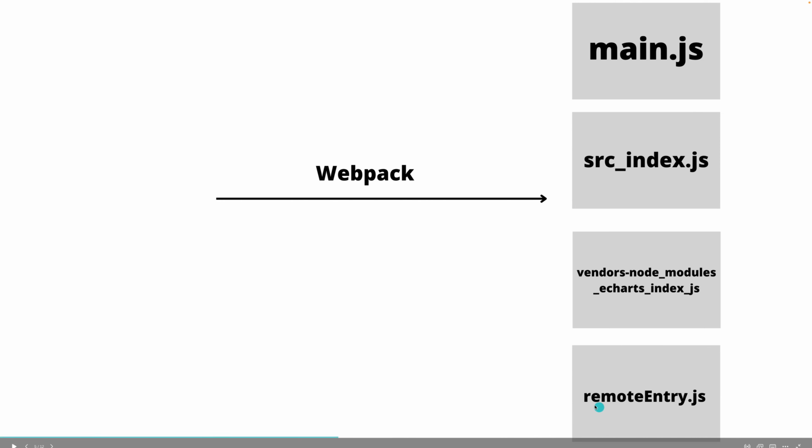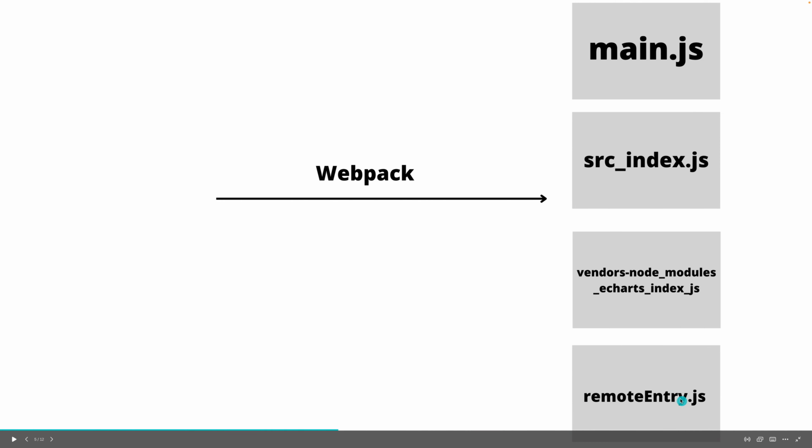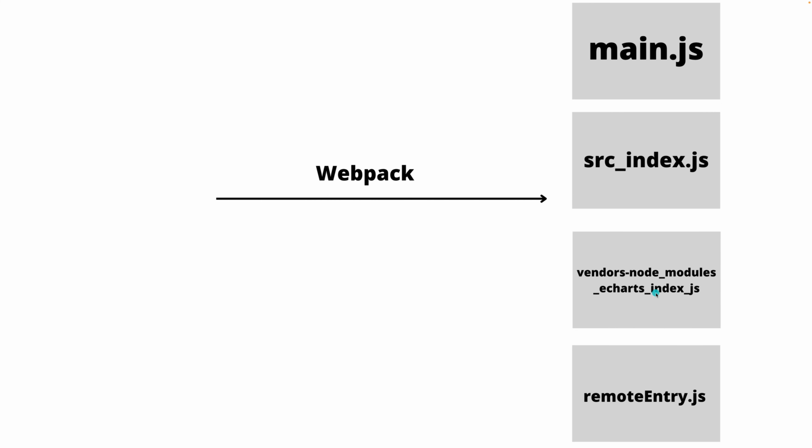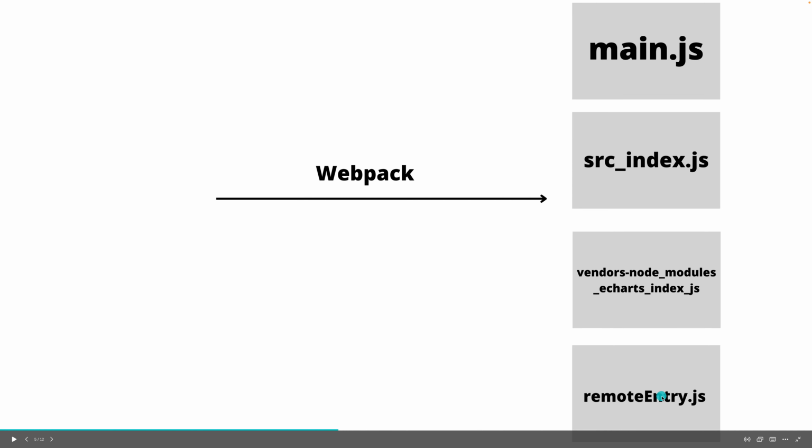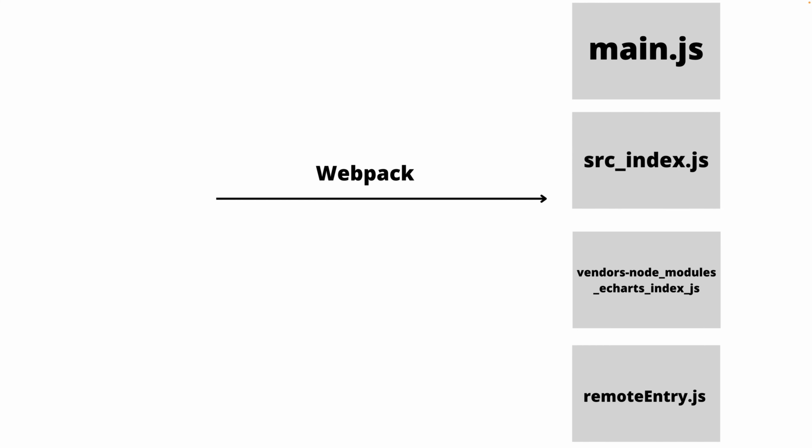Well, I'm going to make a request to this remote entry telling it, hey, I need to run the index and I need to run the echarts file over here. And essentially what the remote entries does is it says, well, here's a list of instructions. It follows those instructions, and then it is able to run those two apps inside of the application.